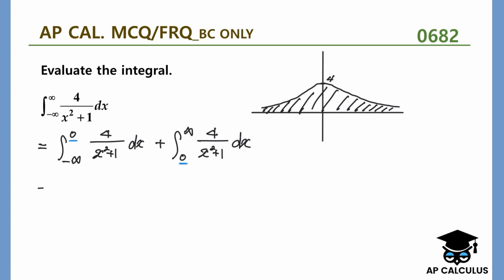So that is equal to, we have this limit, right? Limit as a approaches negative infinity. Here, this is negative infinity, so I'm going to write a for negative infinity.